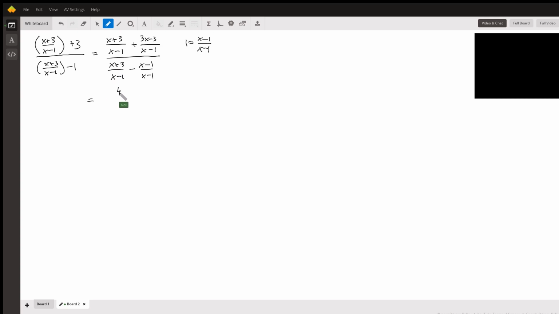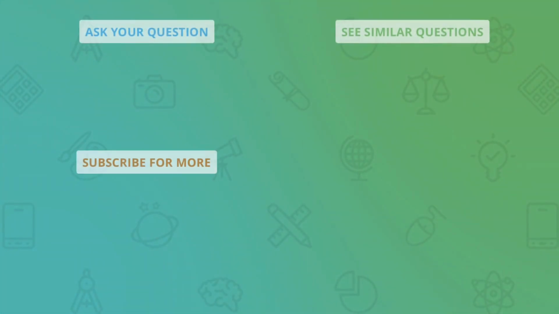Well, what we'll get here is 4x over x minus 1 divided by 4 over x minus 1. And this is going to be x. So we get that f of f inverse of x, and in this case f of f of x, equals x. Perfect.